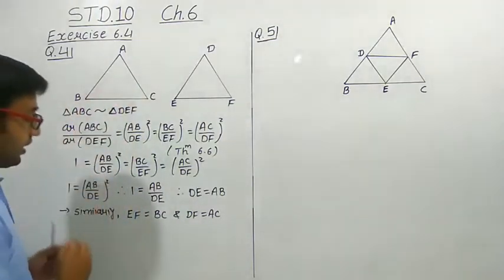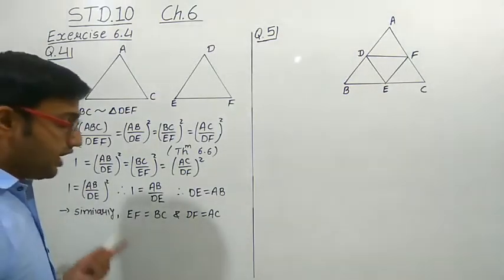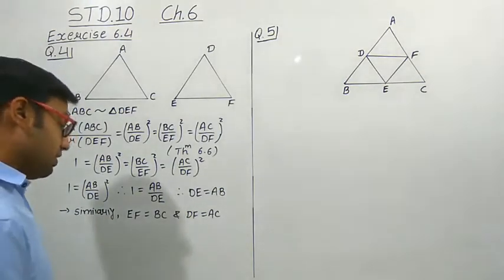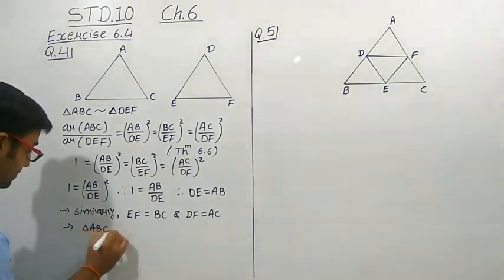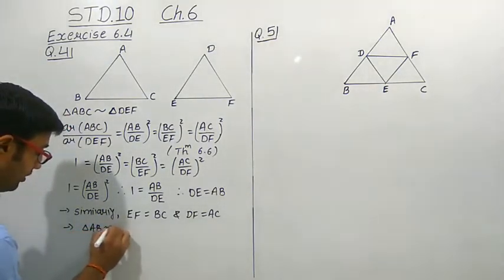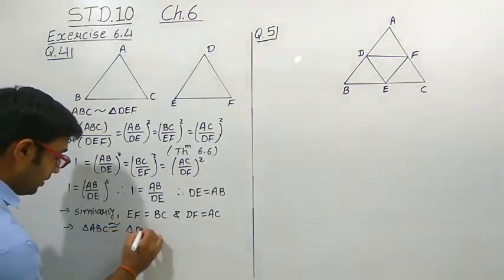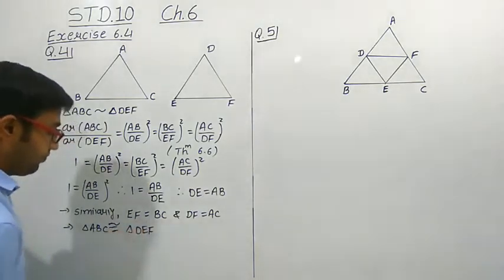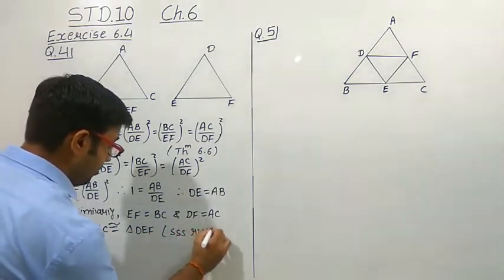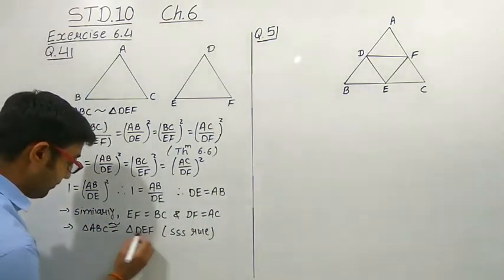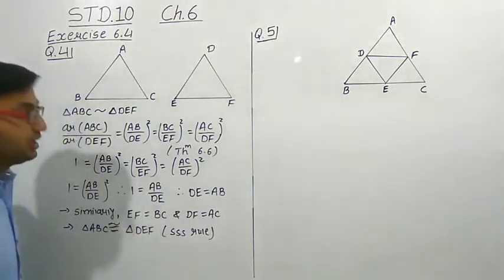So in these two triangles, all the three sides are equal, then we can say that triangle ABC is congruent to triangle DEF by the SSS rule or side criterion. So this is how we can prove these two triangles congruent to each other.